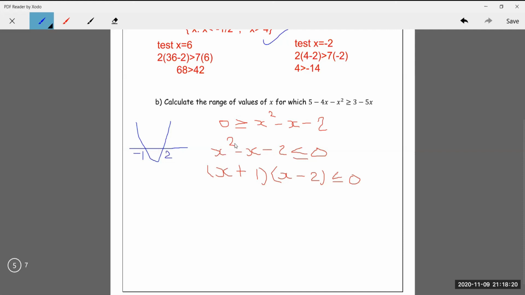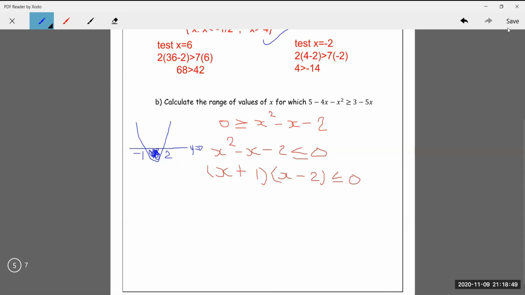And so what I want now right here is when the solution is less than or equal to 0. Remember, this is the line y equals 0. And so the solution is less than or equal to 0 when we're in between here. So we're in this portion right here of the graph. So we're in that shaded portion.